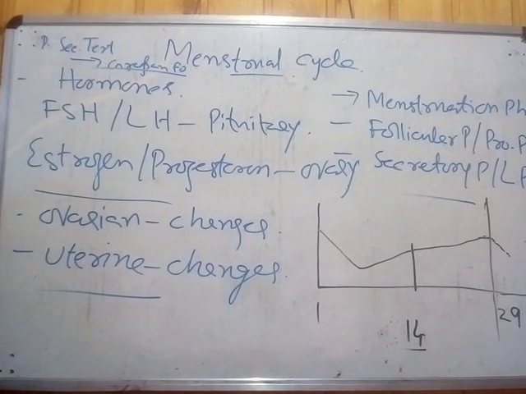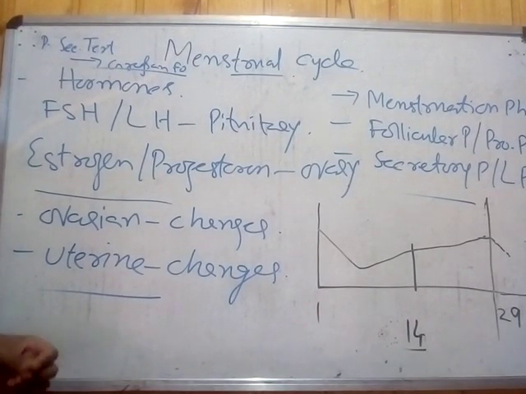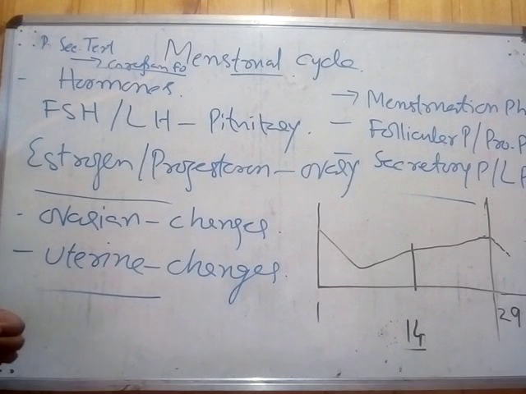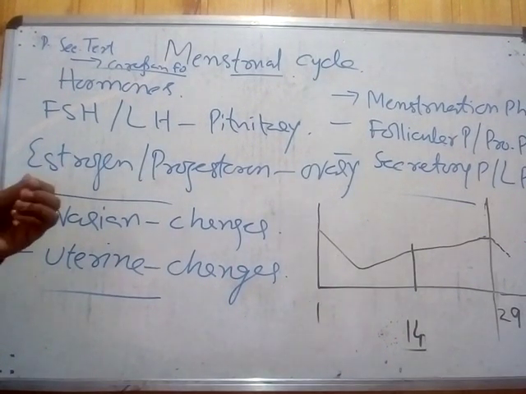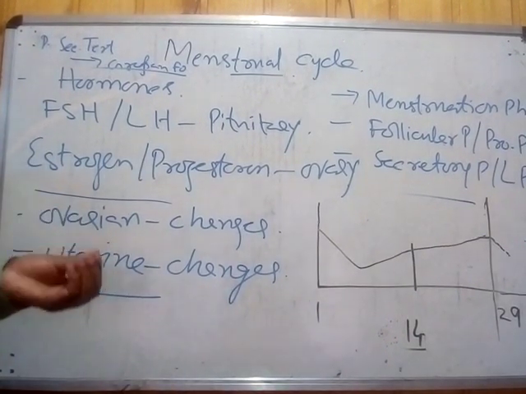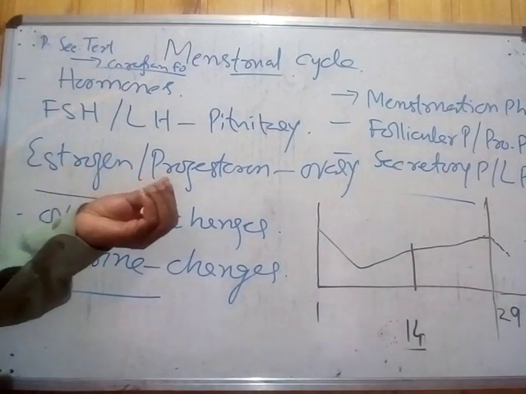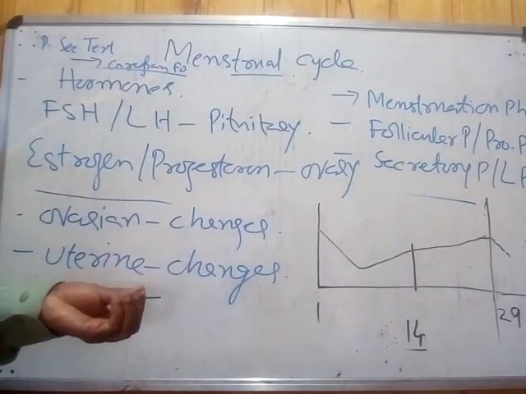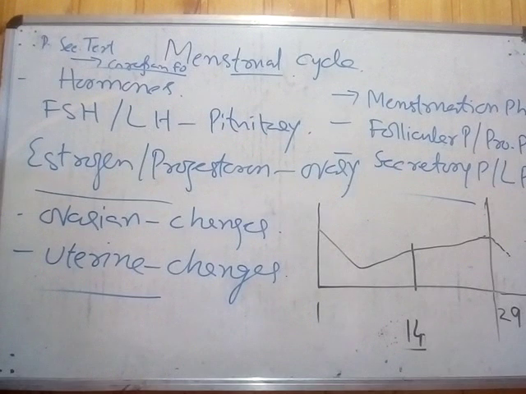Now, if the egg is fertilized, the sperm comes and the egg is fertilized, the growth of the endometrium is maintained and the corpus luteum is maintained, and the new menses on the 29th day of that month is not started.